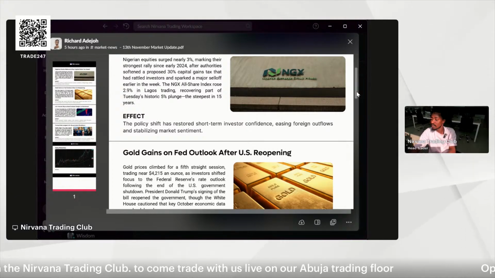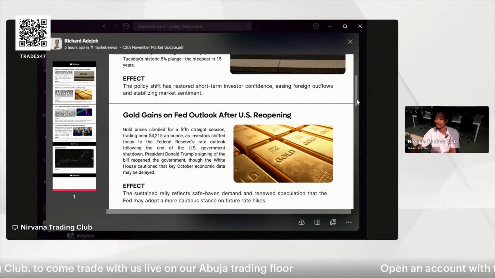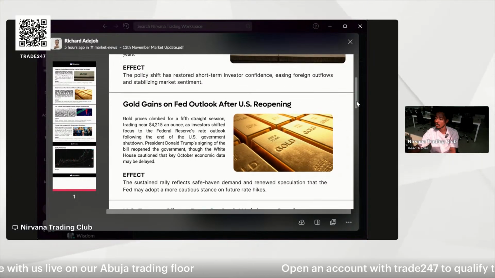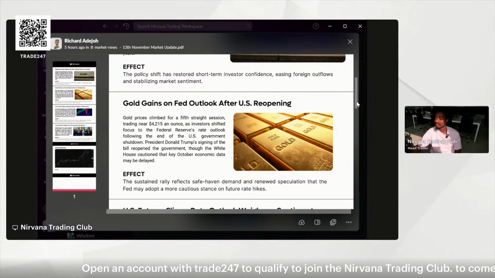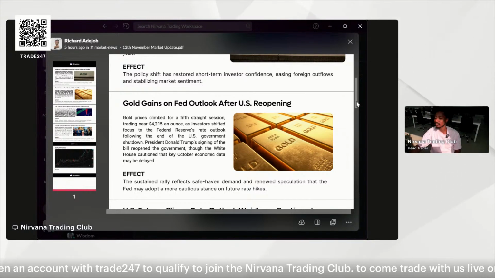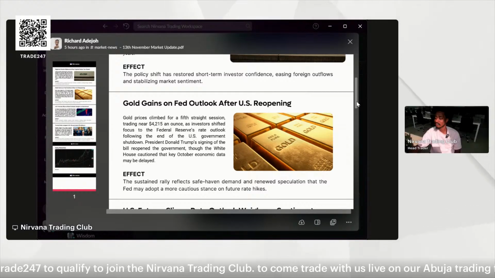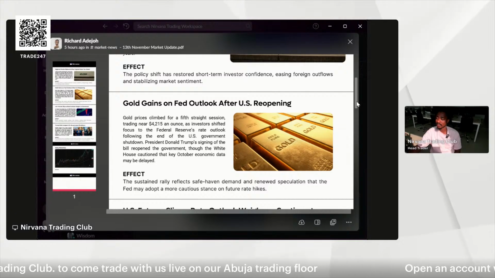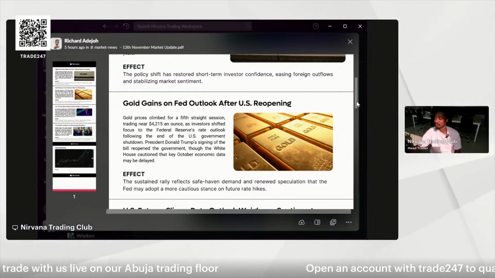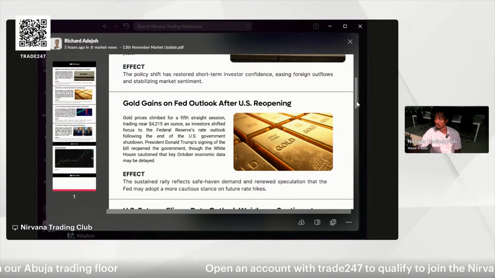To commodities: gold gains on Fed outlook after US reopening. Gold prices climbed for a fifth straight session, trading near $4,215 an ounce, as investors shifted focus to the Federal Reserve rate outlook following the end of the US government shutdown.